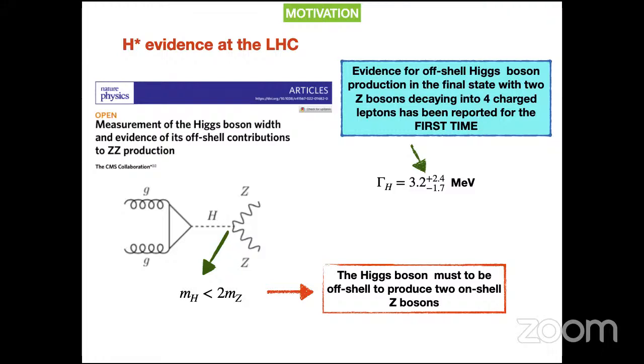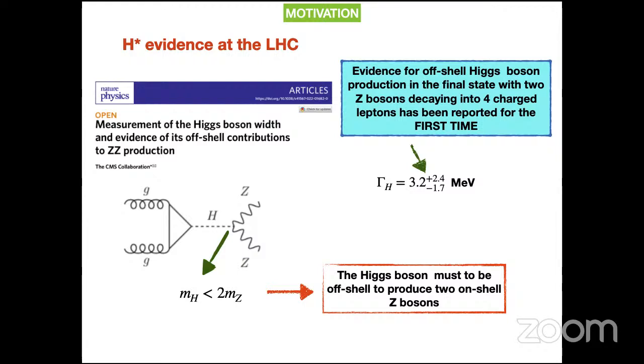So we have 4 leptons in the final state. From this process, the best result for the total width of the Higgs boson has been obtained by the CMS collaboration.